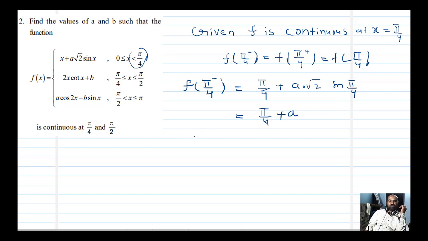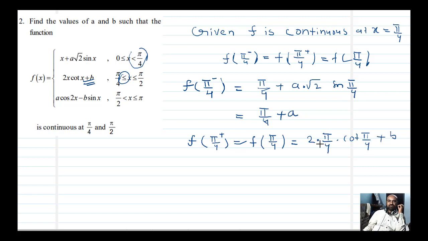So I want to find f of pi by 4 plus. Here f of pi by 4 plus and f of pi by 4 are both the same, because pi by 4 is in the lesser than or equal to range. In this rule write pi by 4 instead of x. So 2 into pi by 4 into cot pi by 4 plus b.